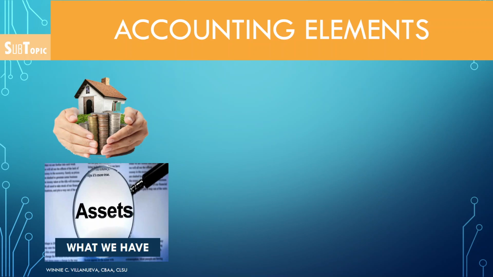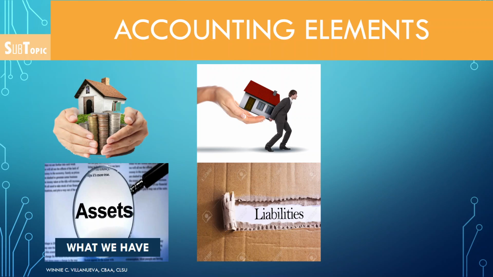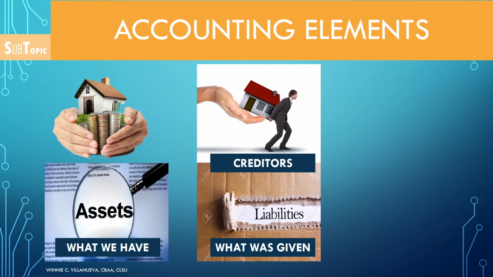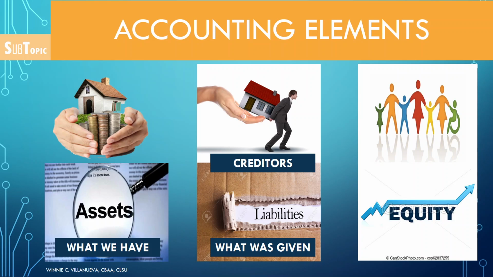And where does it come from? Naku, mukhang nahihirapan yung tao kasi may mga liabilities siya, may mga utang siya, may mga pangako na dala-dala siya, no, na dapat niyang isatisfy. So, yung asset nanggagaling daw sa liability because it was given by the creditor. And your asset will also come from whom?